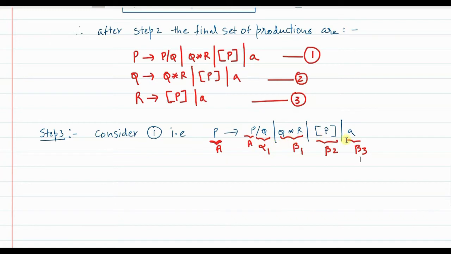And in any other terms, suppose this non-terminal P is not involved in the first symbol, then you cannot write it as A alpha 1. Then the whole term will be considered as beta. So in this, beta 1, beta 2 and beta 3. Okay, it is very simple. So consider 1, that is this.